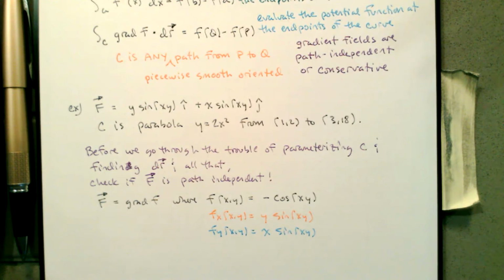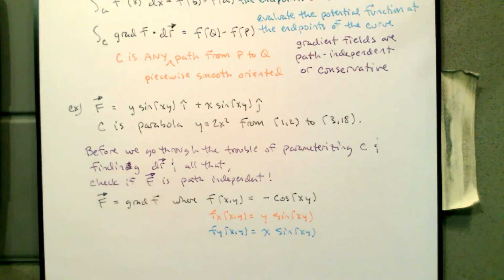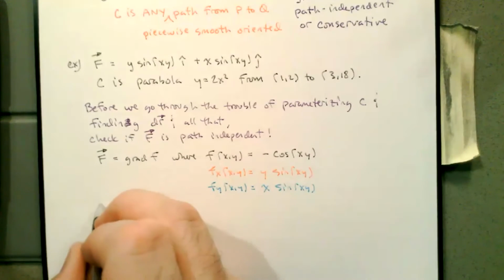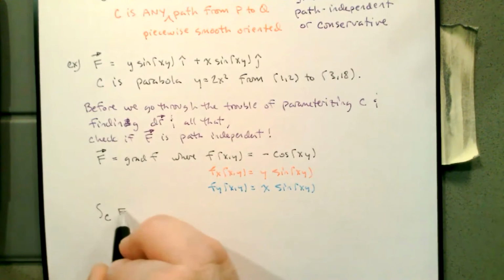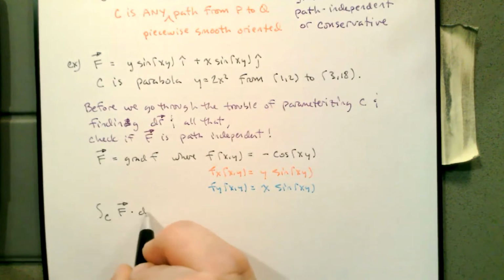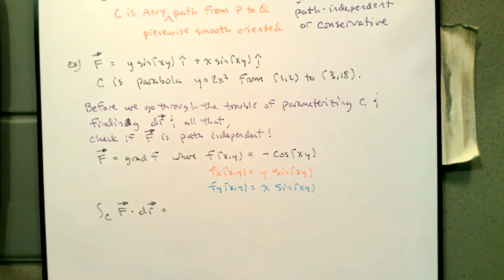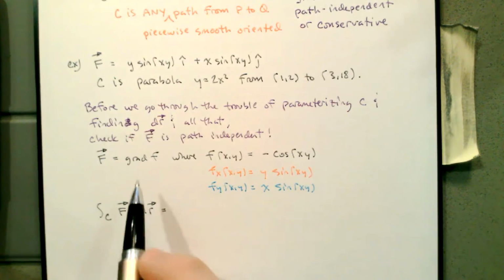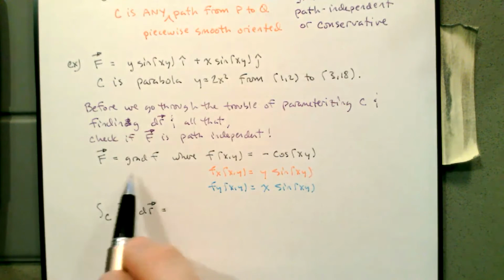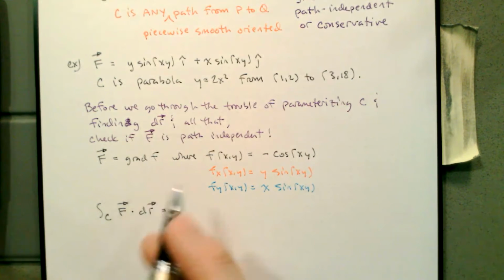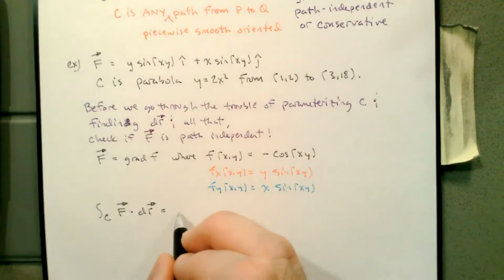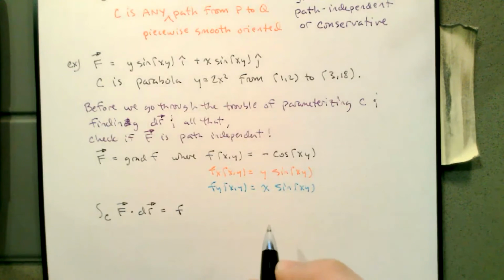So if we want to calculate the line integral along C of f dot dr, we can just evaluate the potential function at the endpoints. We went from (1, 2) to (3, 18).